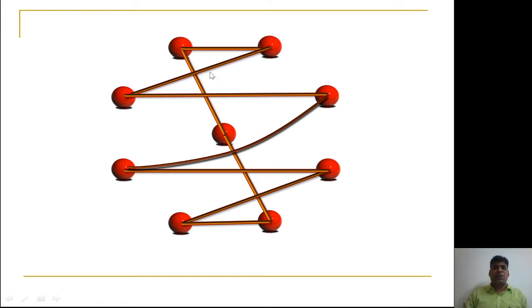So the boss selects the top one and the bottom one as neighbors on the very first day. This is the first situation.